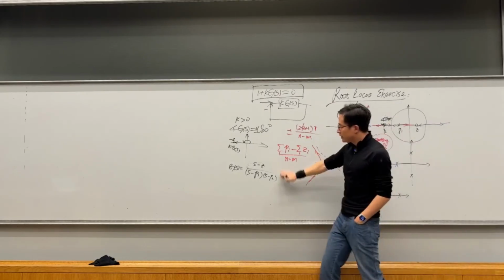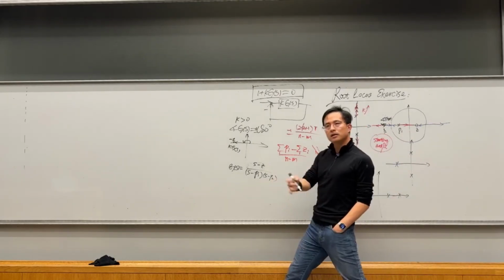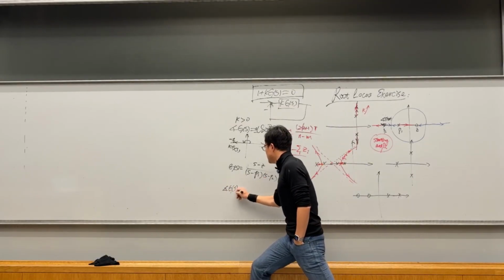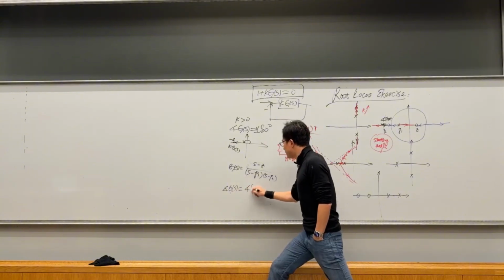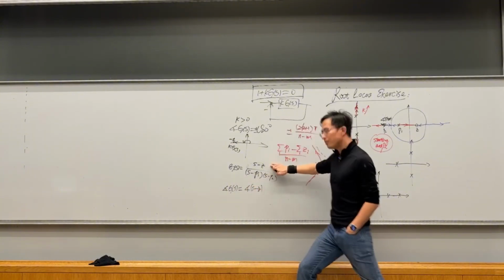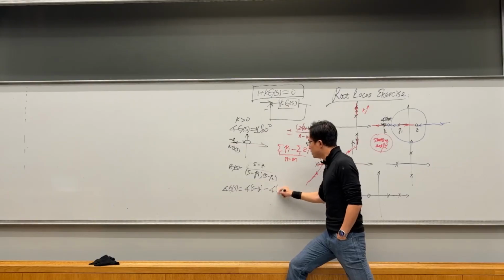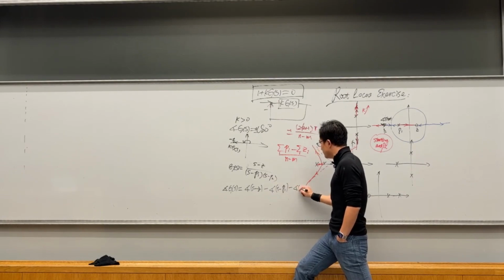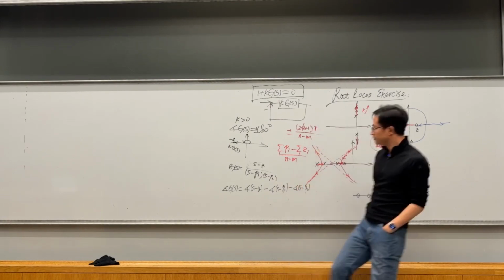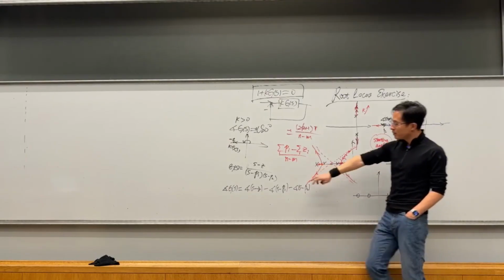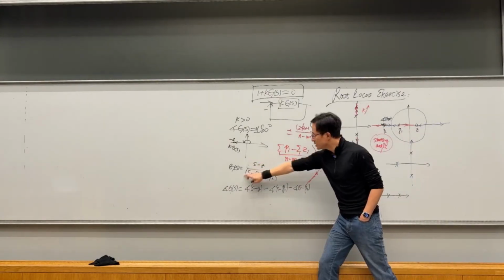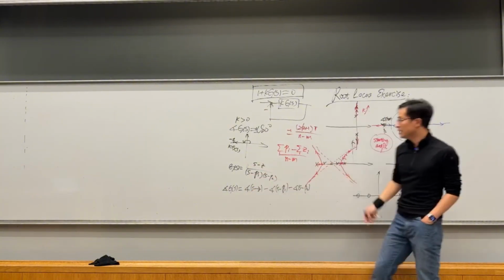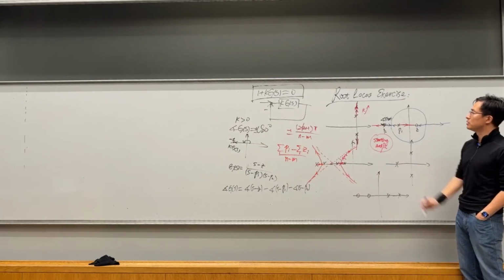The angle of this complex number is determined by complex analysis. So the angle of g of s is the angle of the numerator, which is a complex number, minus the angle of the complex numbers in the denominator. That's how complex numbers work. Each is a complex number with its phase, minus the angle coming from here. That's how the angle of g of s actually works.